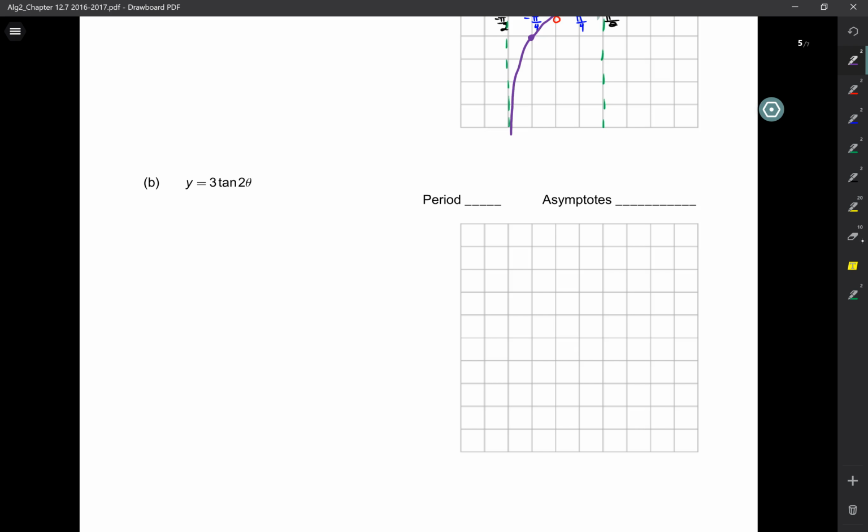Now we have 3 tangent 2 theta. So for the period, it's going to be pi over b, and that is 2. So that's going to be pi over 2, or 90 degrees for the period.